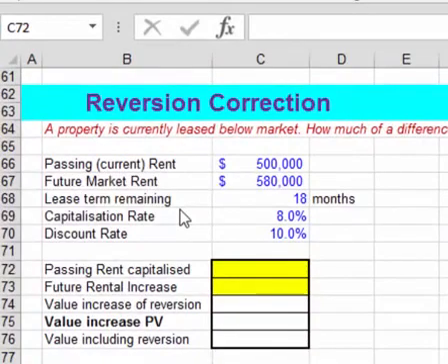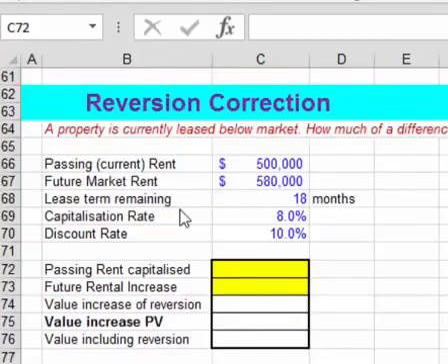The idea is that at some point in the future the rent will revert back to the market, and at that point the capitalized value of the property will come up to its full value, but because we have to wait for it, we have to do a correction to allow for the time delay.